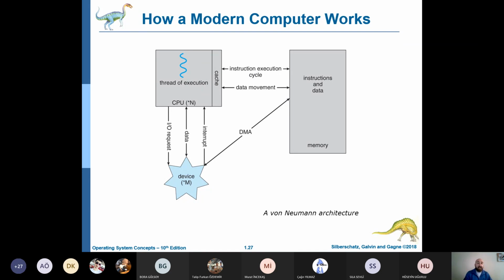But instead of that, we generally use direct memory access. That means not only the CPU, but also the other devices can directly access our main memory. It's called direct memory access.